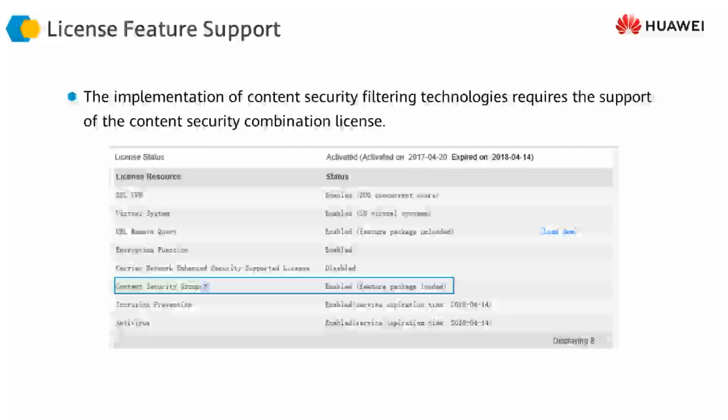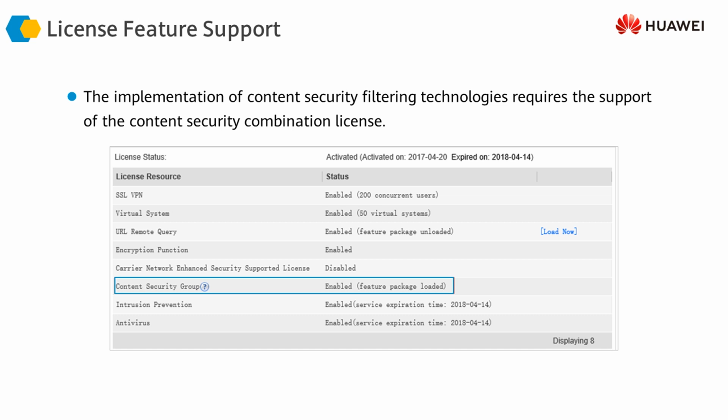The first thing that we need to check if we want to implement these features is the license, because all these four security features belong to the content security group, and we need to have a license in our firewall so that we can implement them.